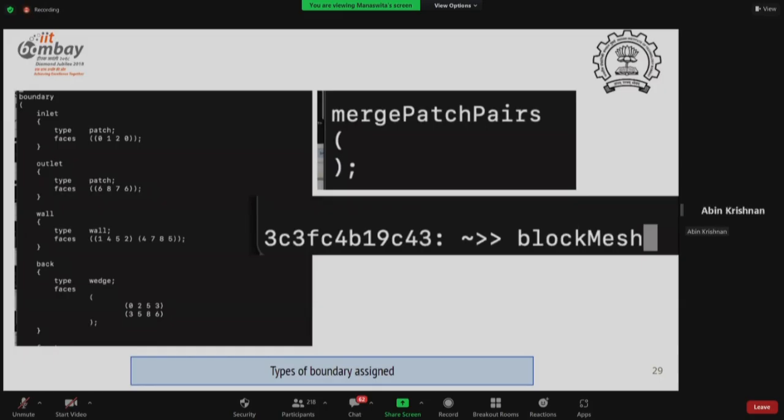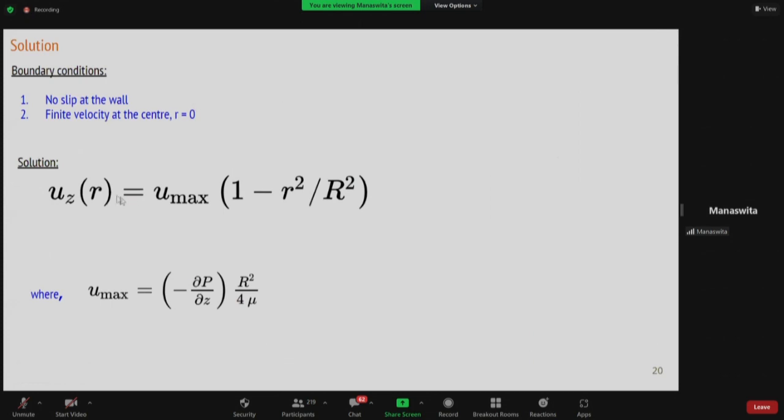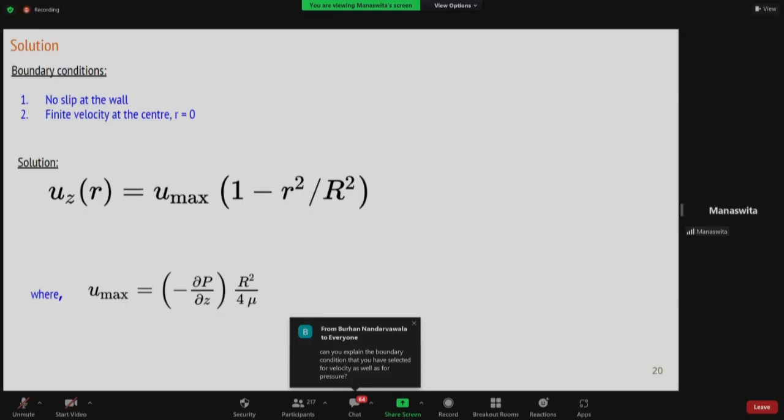Could you explain what the wall effect is? Okay, so see, the gradient direction here is the radial direction, right? There is no gradient in the z direction or axial direction. That's why we have used a uniform grid in the axial direction and a stretch ratio in the wall direction, with finer grid close to the wall.